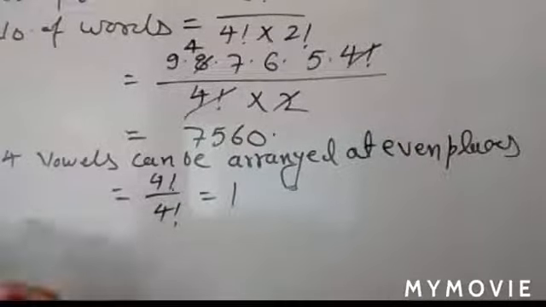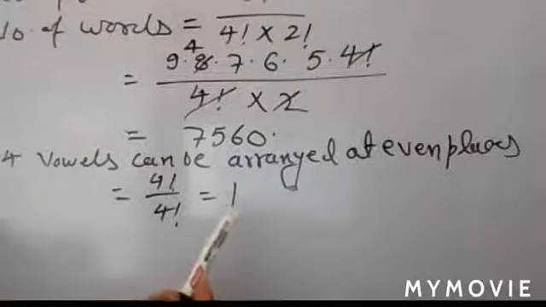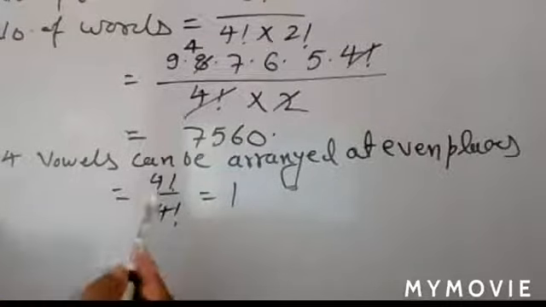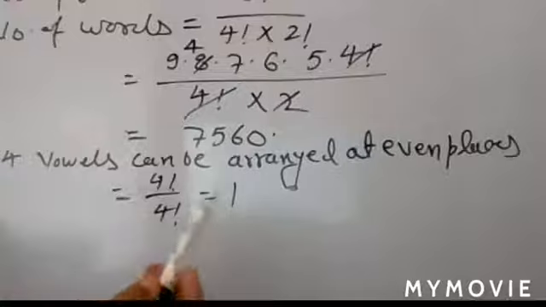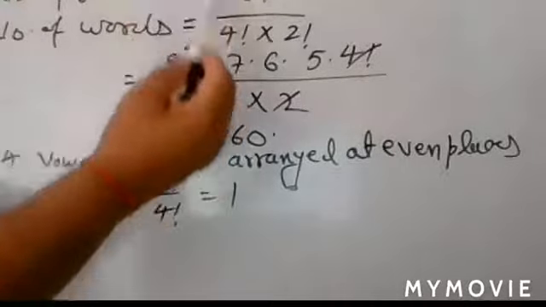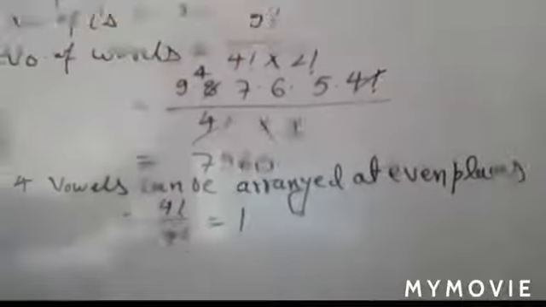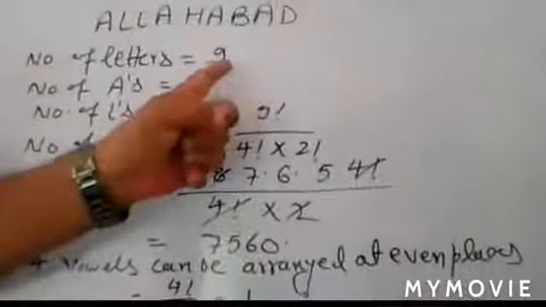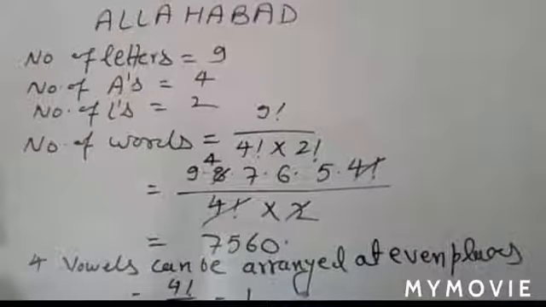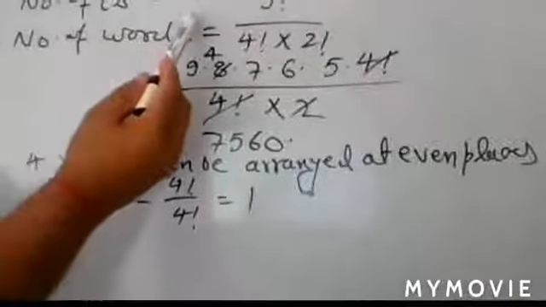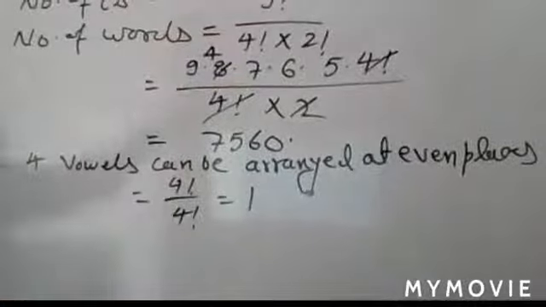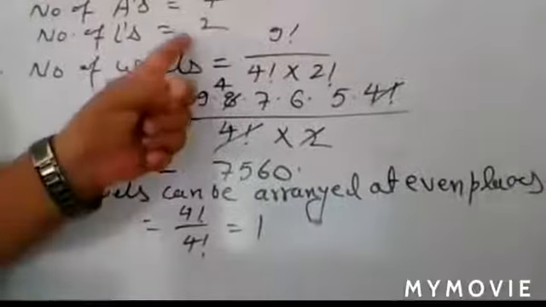So how many remaining letters are there? The 4 vowels are already engaged, means their places are decided. So you have only 5 remaining letters, because the total number of letters is 9, in which 4 letters are arranged. In these 5 letters, 2 L's are also present.